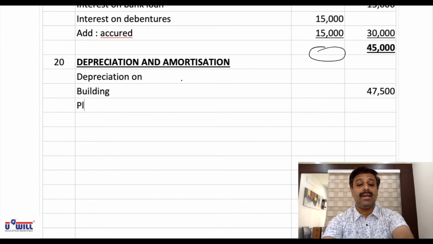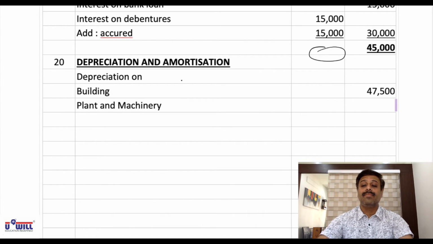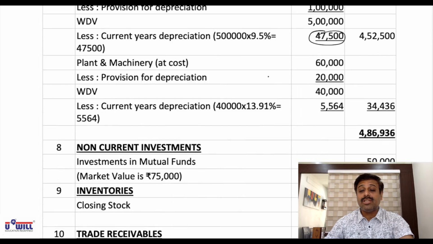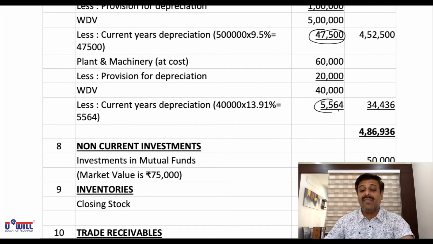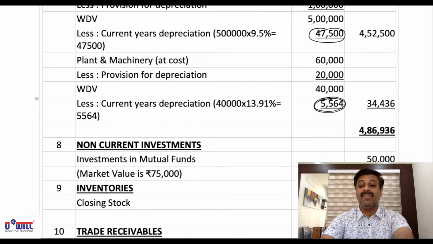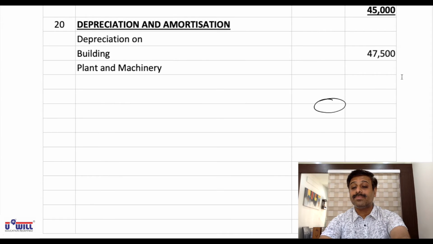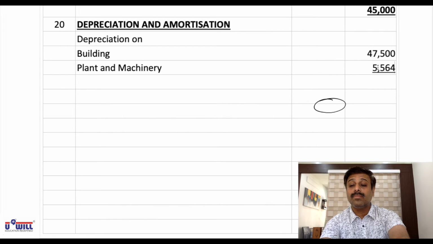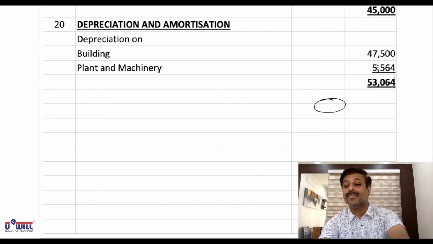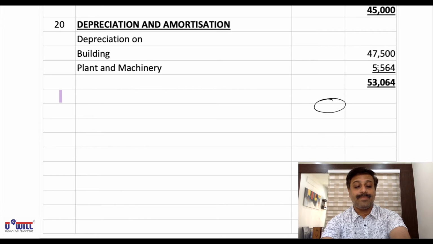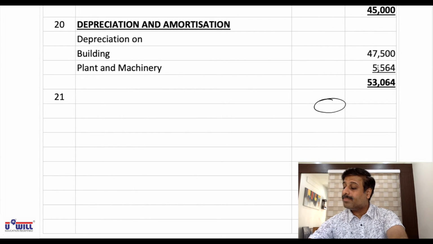And second is on plant and machinery. You can see plant and machinery's depreciation in tangible fixed assets is 5,564. So total will come to 47,500 plus 5,564, which is 53,064.